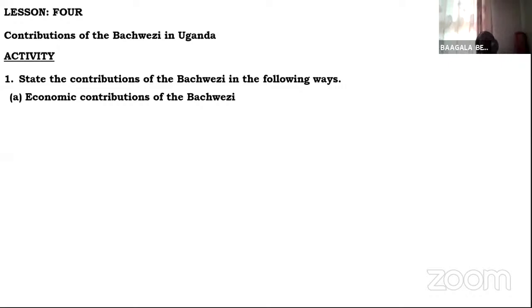Economic contributions. Bagala, give it a try. Don't fear. Read it again. I like the way you are practicing it. Contributions. Okay, economic contributions of the Bachwezi. Very good now. Can we start getting them?